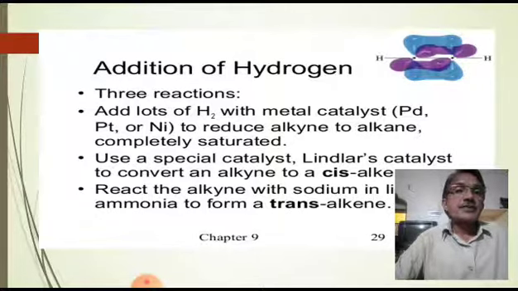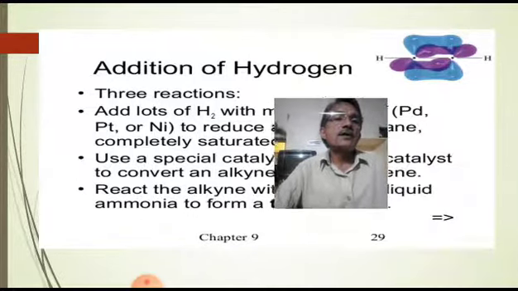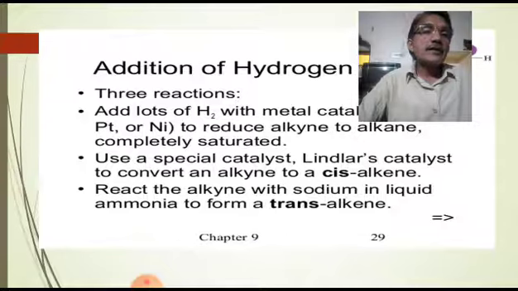Addition of hydrogen. Three reactions. Add lots of hydrogen with a metal catalyst, palladium, platinum or nickel, to reduce the alkyne to an alkane, completely saturated. Use a special catalyst, Lindlar's catalyst, to convert an alkyne to a cis-alkene. React the alkyne with sodium in liquid ammonia to form a trans-alkene.